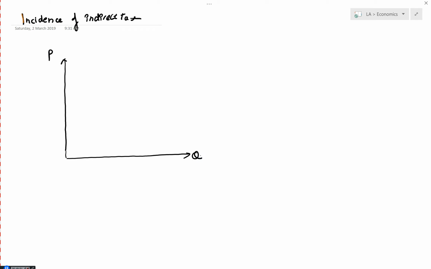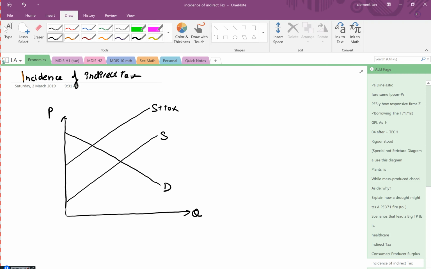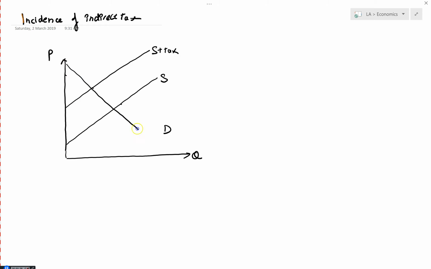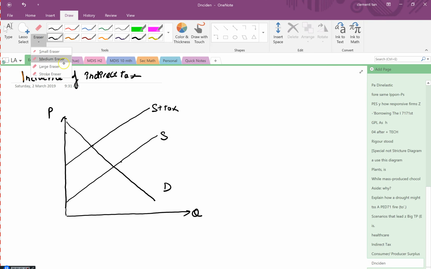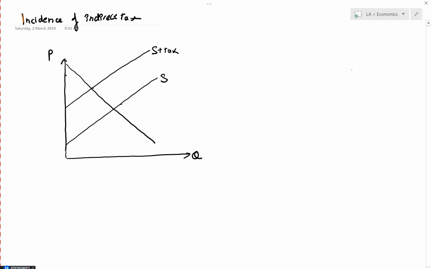For simplicity, I draw a lump sum tax. So S plus tax, and D. Now, where is the original equilibrium?